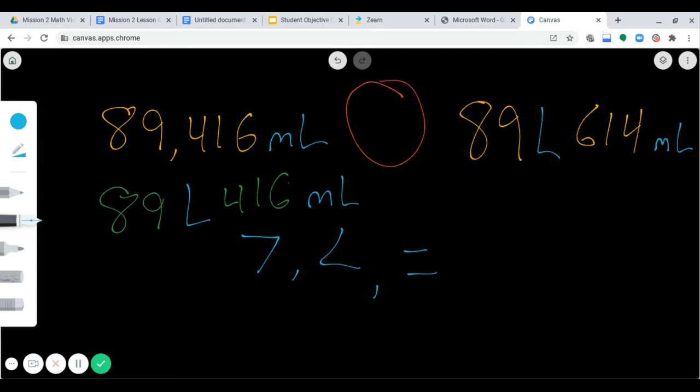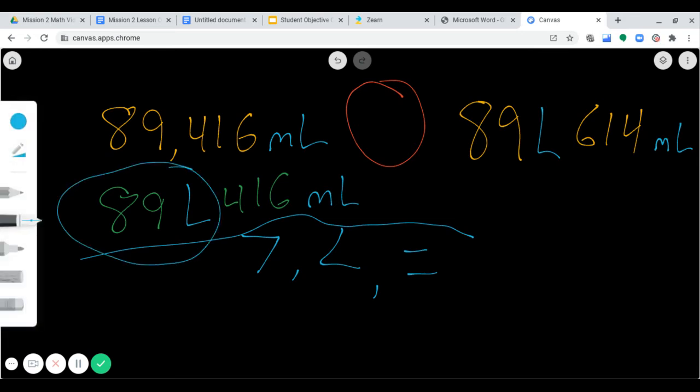Now I can easily compare 89 liters, 416 milliliters, and over here, 89 liters, 614 milliliters. Look, they both have 89 liters, so they're equal there. However, then I have to go to my milliliters. This side has 416, and this side has 614.